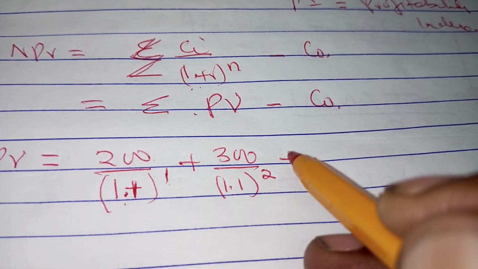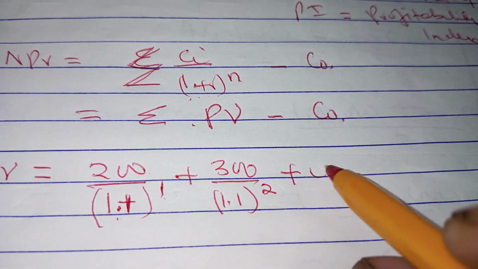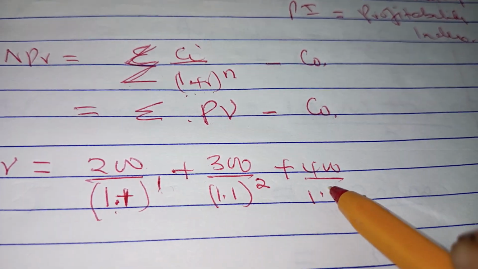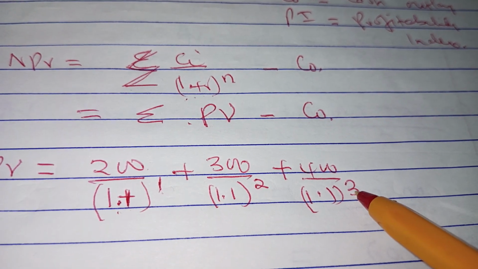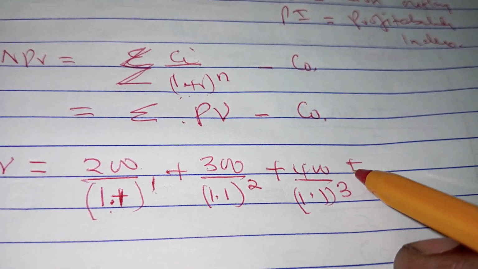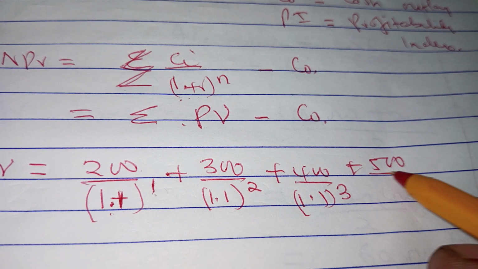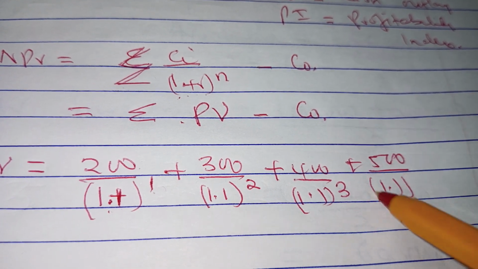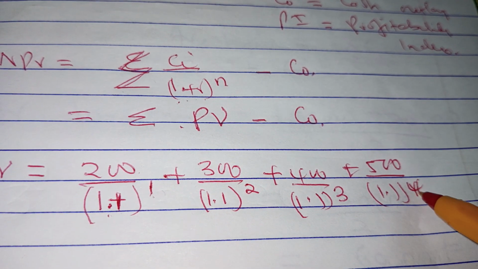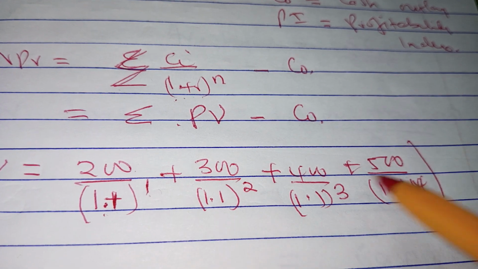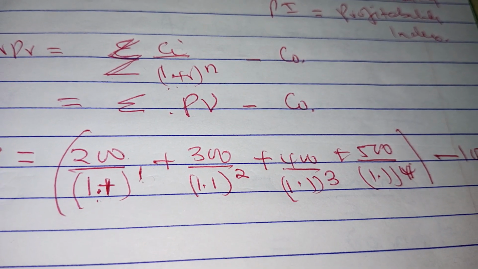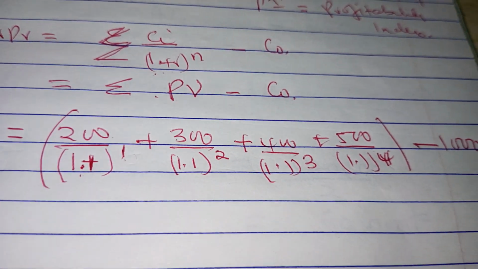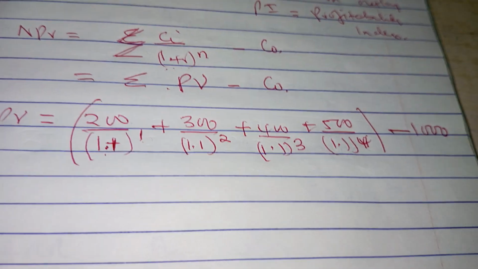For the third year, we have 400, once again divided by 1.1 raised to power 3. Then we add the last one, which is 500 divided by 1.1 raised to power 4, the year that we earned 500, and that is the total. Then we shall subtract the cash outlay, the money that we spent on the investment.